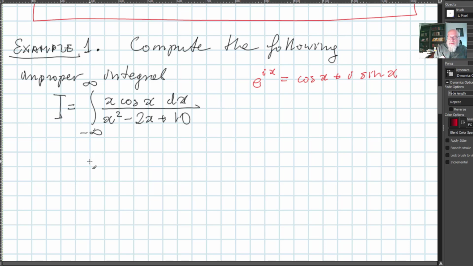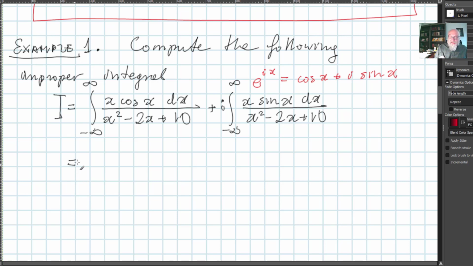So why not simply add another one. I will add the additional integral like that and put here i times the integral of x sine x dx divided by x squared minus 2x plus 10.